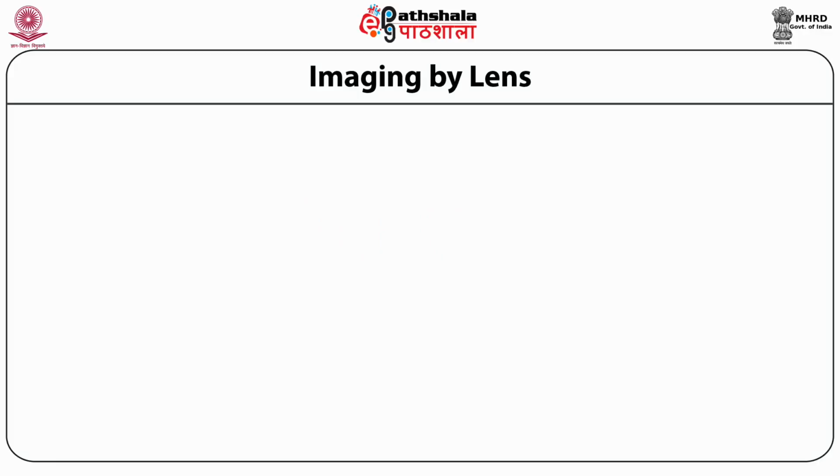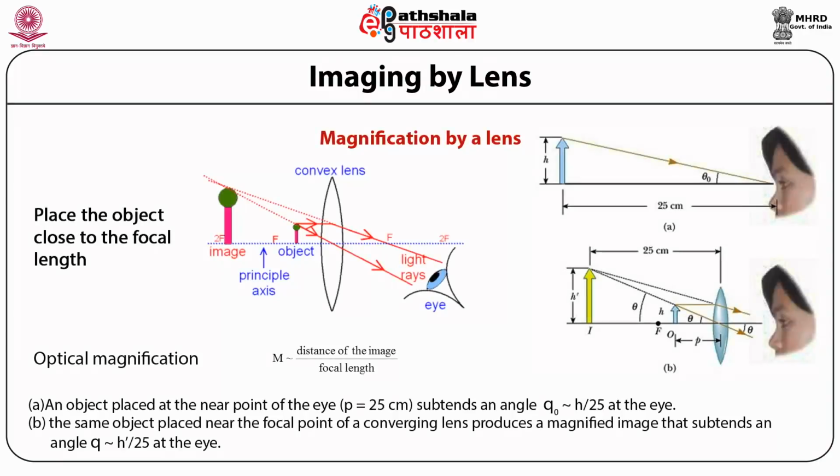In the imaging by a lens, let's quantify the magnification of a lens. We already understood that a single lens is used to magnify objects, but how much magnification can be achieved by a single lens depends on the focal length of the lens. For example, an object of height h is placed at a distance of 25 cm from your eye and you measure the height of the object to be h.